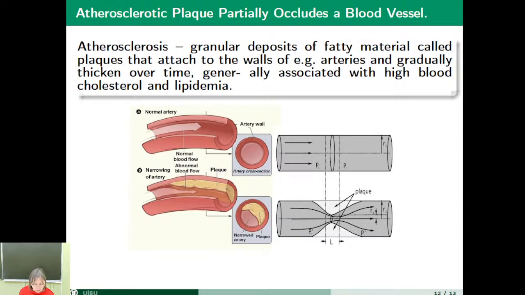It is drawn as a nice symmetric occlusion, but the atheroma is more likely to grow predominantly on one side, and irregular lesions are more likely to disturb laminar flow at smaller Reynolds number. This turbulence provides the basis for one method of possible detection and diagnosis.